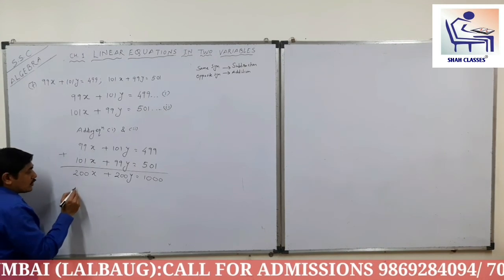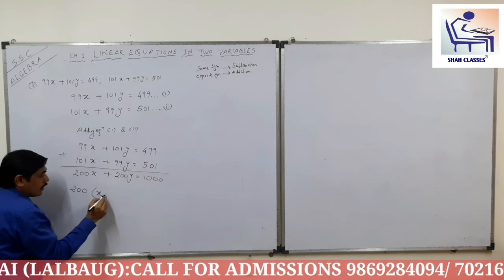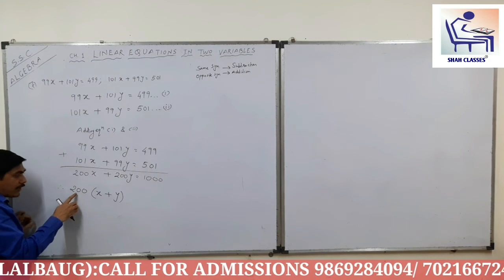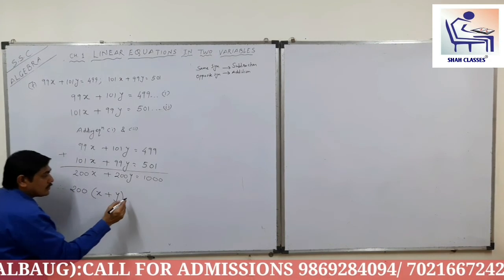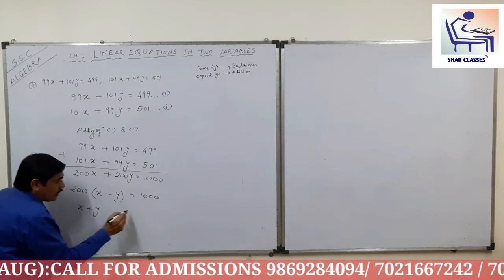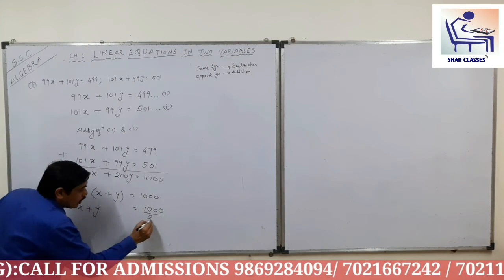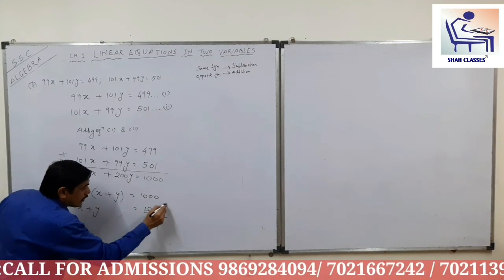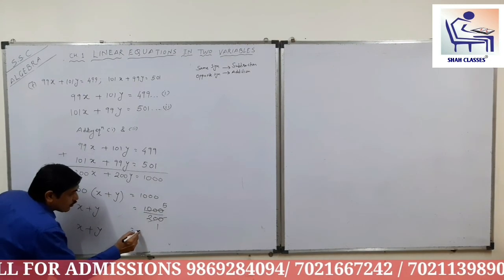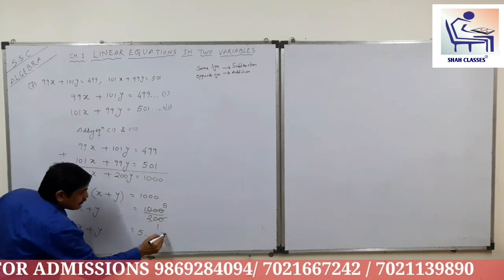If you have noticed, 200 is common, so 200 into x plus y. So please separate the common and uncommon parts. Now x plus y is equal to 1000 divided by 200. So 200 fives are 1000. We got x plus y is equal to 5. This is our equation number 3.